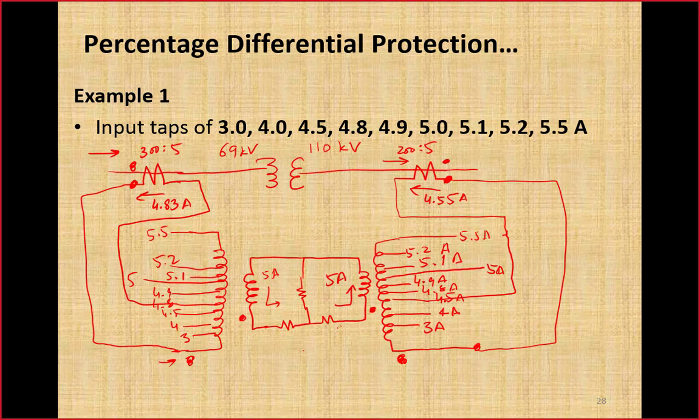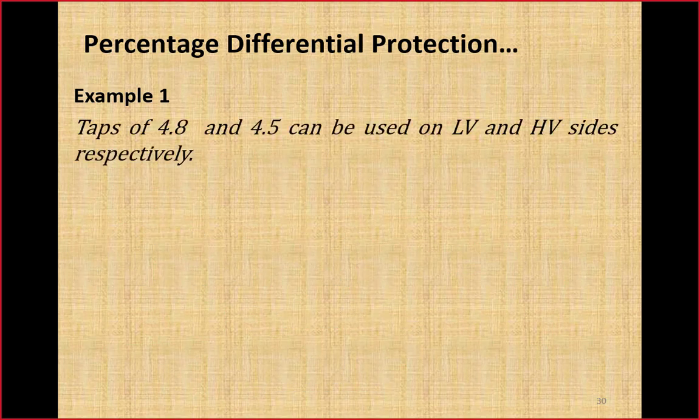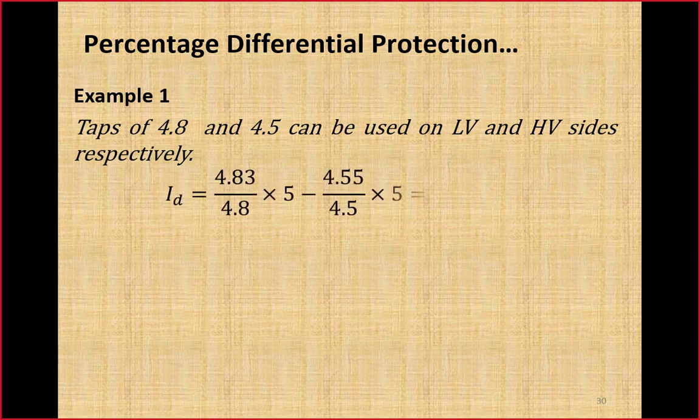Now let's see how much current we get on the secondary side of these auxiliary CTs corresponding to the CT ratio and the primary current. So tap of 4.8 and 4.5 can be used on LV and HV side respectively, as we have seen.